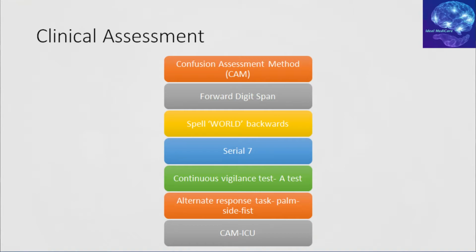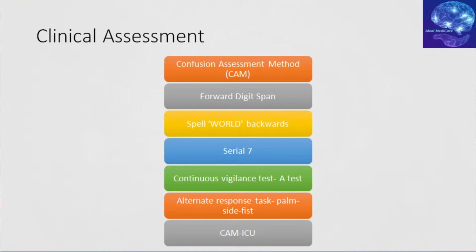It could be serial 7 testing, which can also give us an idea about the attention of these patients. The A test, or the continuous vigilance test, is a test which I'm briefly going to talk about in my next slides as well. But that is another way to test the attention of these patients. And then there is an alternate response test, which is palm side fist testing, which can be done at the bedside.